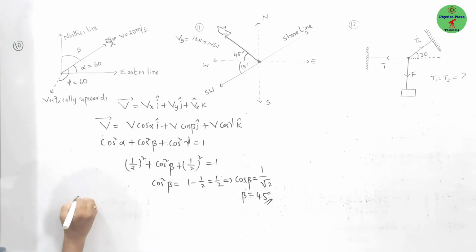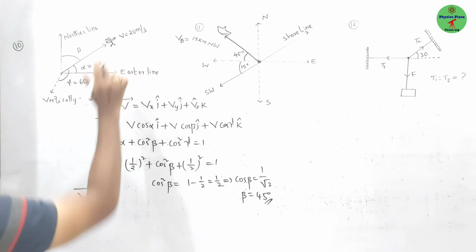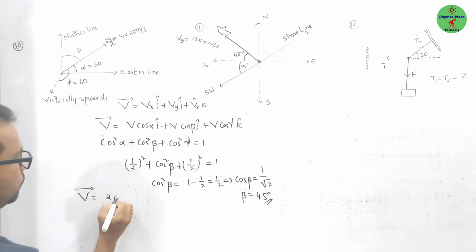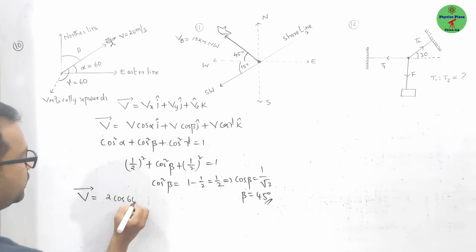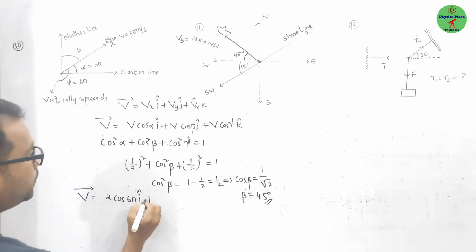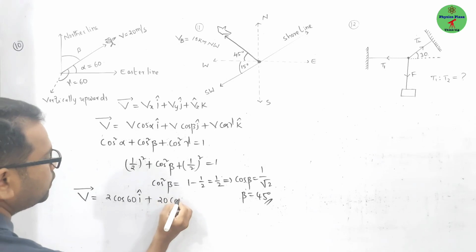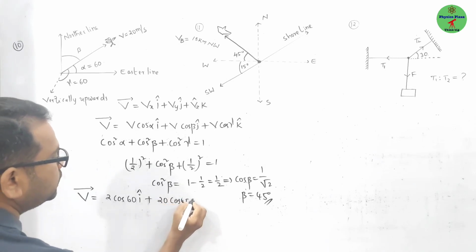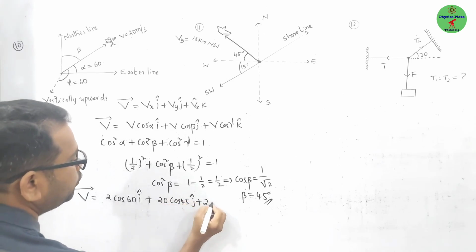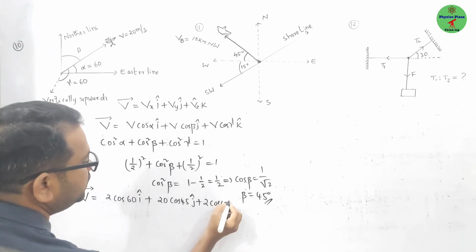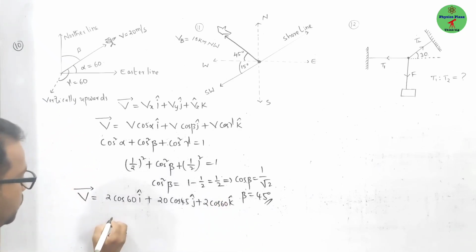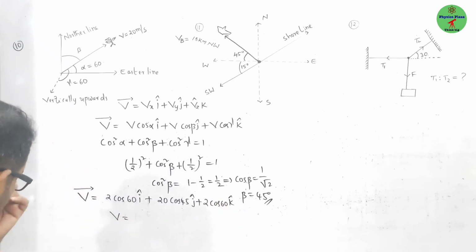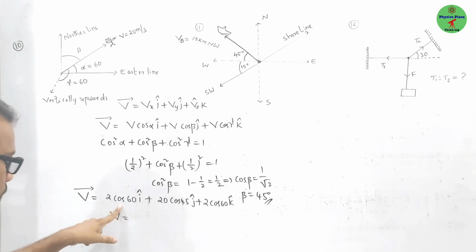So here V is equal to, in vector form, magnitude 20 cos 60 i cap plus 20 cos 45 j cap plus 20 cos 60 k cap. So children, cos 60 is how much? 1 by 2.